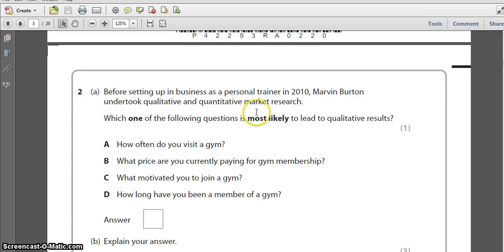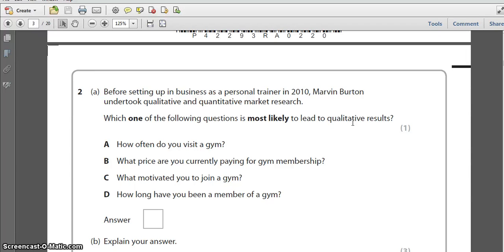Before setting up a business as a personal trainer, Marvin Burton undertook qualitative and quantitative market research. They seem to love asking questions in Unit 1 about market research. Which one of the following is most likely to lead to qualitative? So we should know that qualitative means asking questions that will lead to descriptive results.